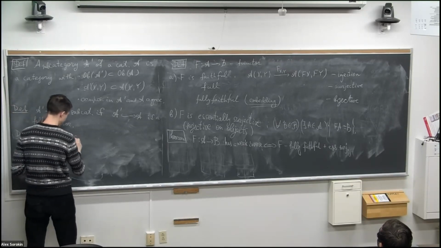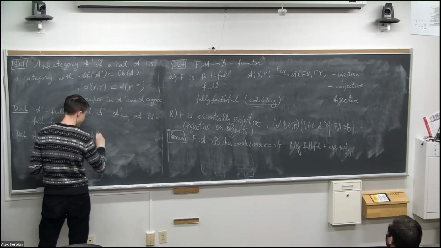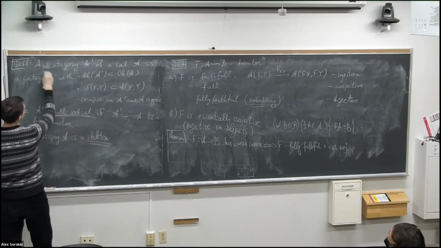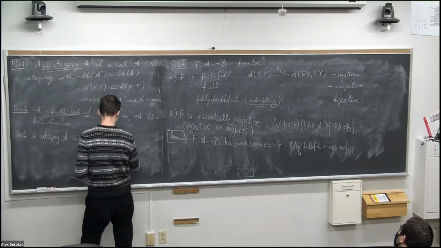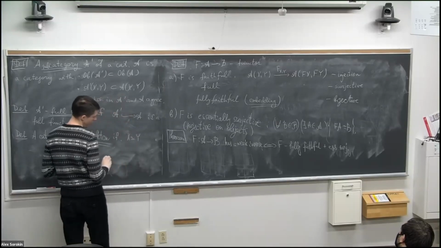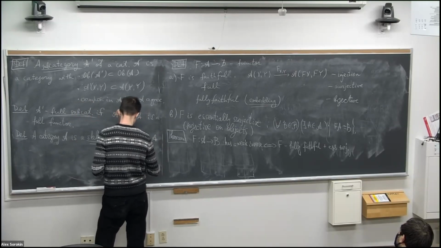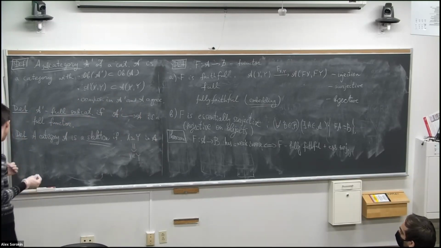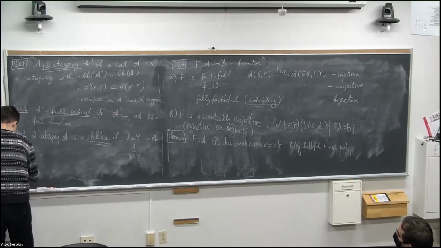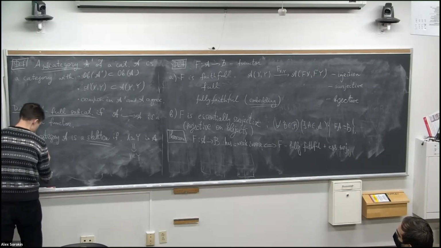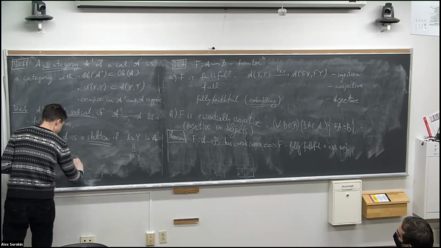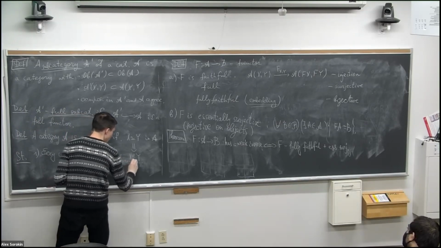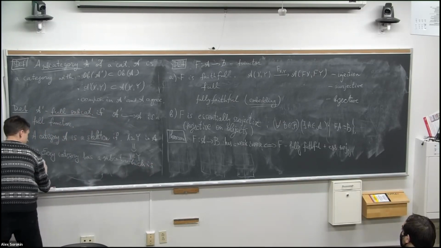Category A is a skeleton if from the fact that X isomorphic to Y in A it follows that X is necessarily equal to Y. So the category does not have isomorphic objects. Then, first, every category has a subcategory which is a skeleton.